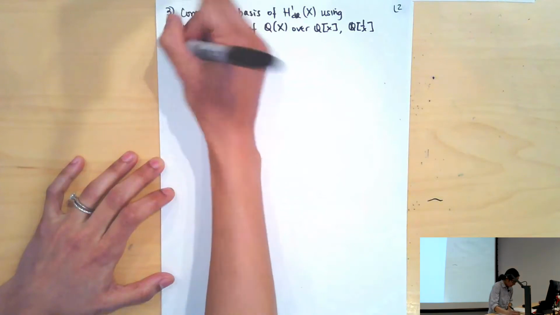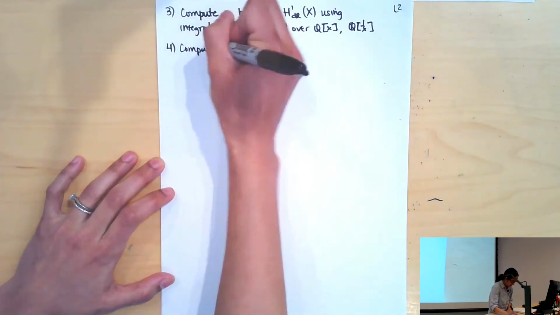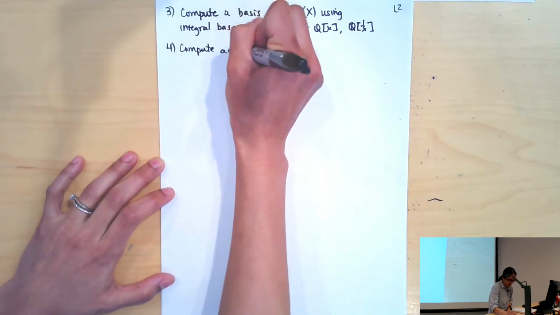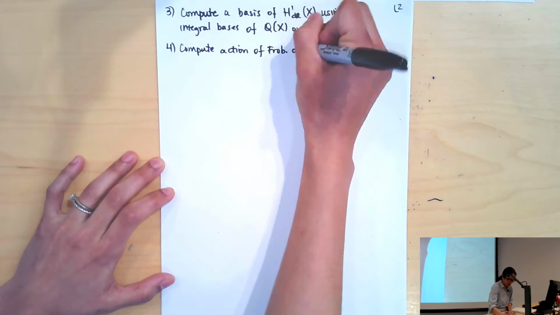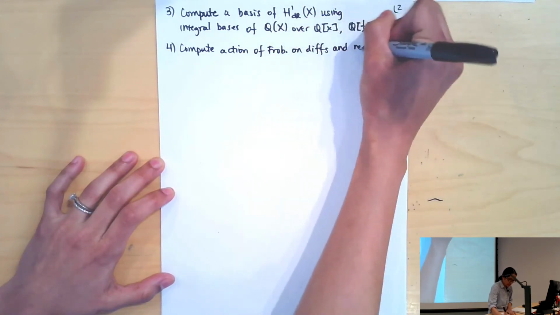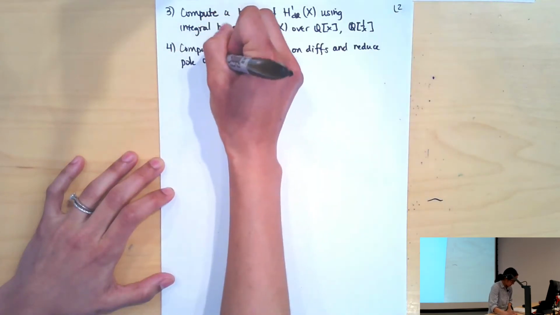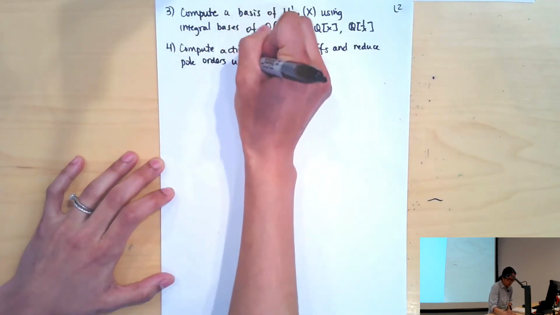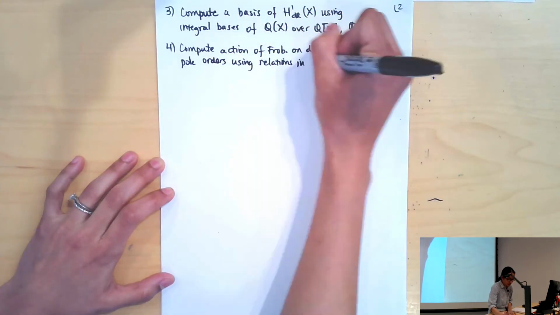All right, then this plays a role here when we compute the action of Frobenius on our differentials, and we reduce pole orders, again using our various relations in cohomology.